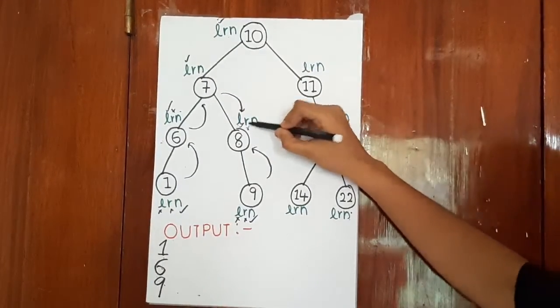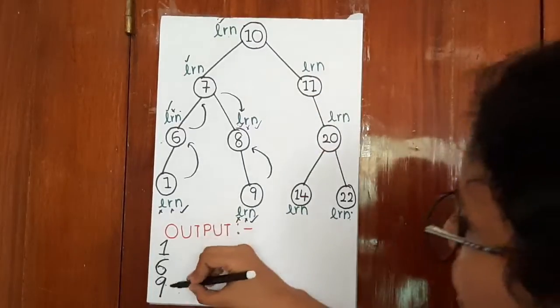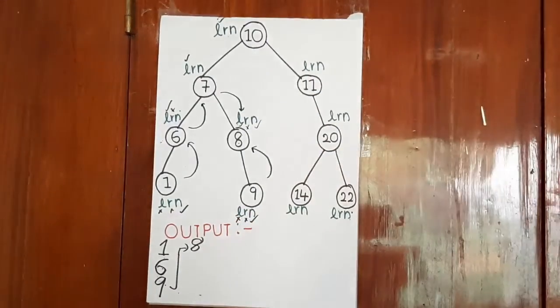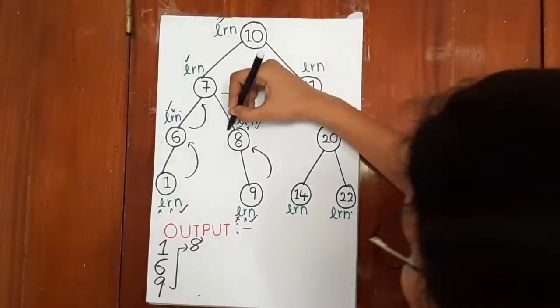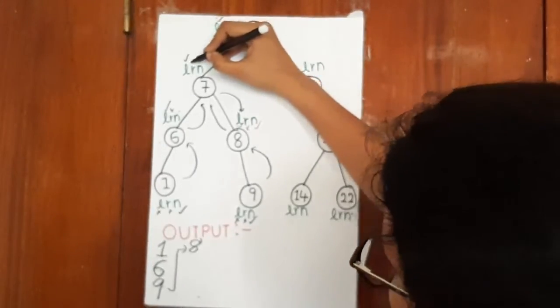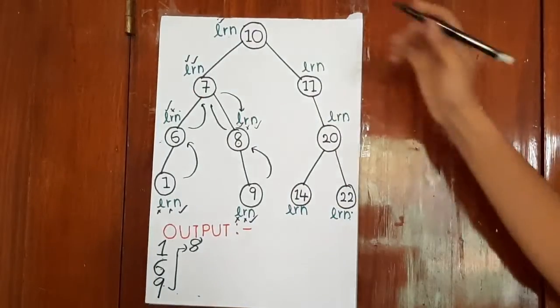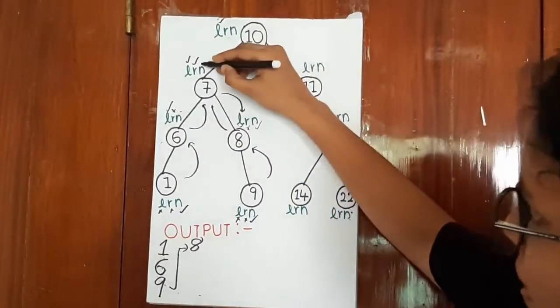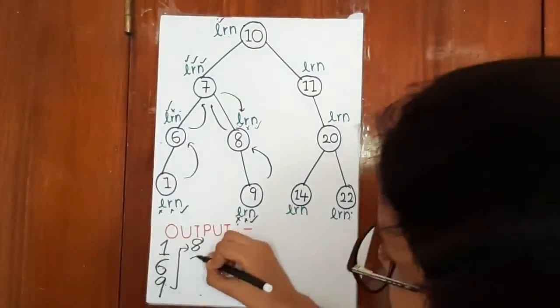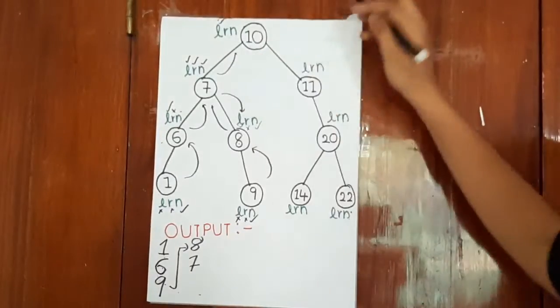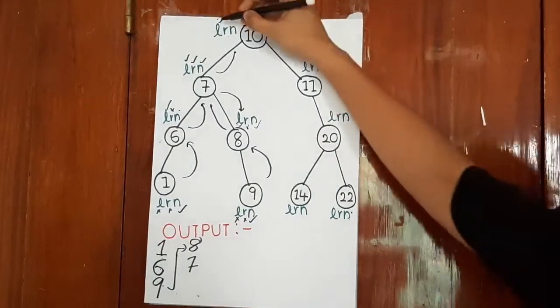There's no right side, so this one is executing. So it gives 8 as the output. Again, it moves back, and the left and right are executed, so this one is executing. 7 is printing here. Again, move back to the root node.